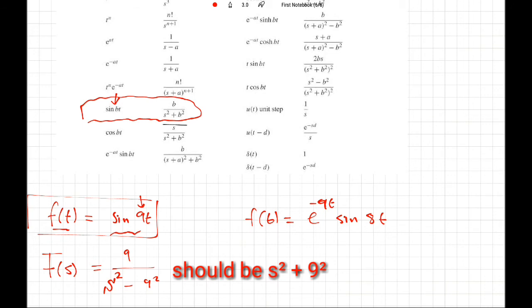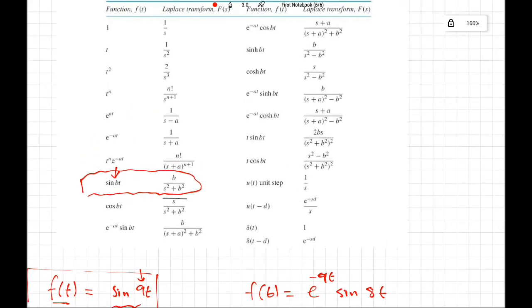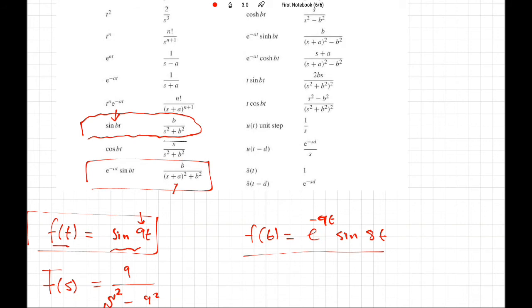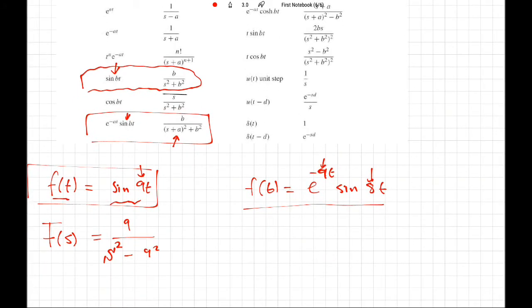What about this? Do we have any similar expression like this? Oh, here it is. Now the a is this, and the b is this. So the f of s will be b, which is 8, and s plus a, which is minus 9, but here you are given minus alpha, so 9, only 9.